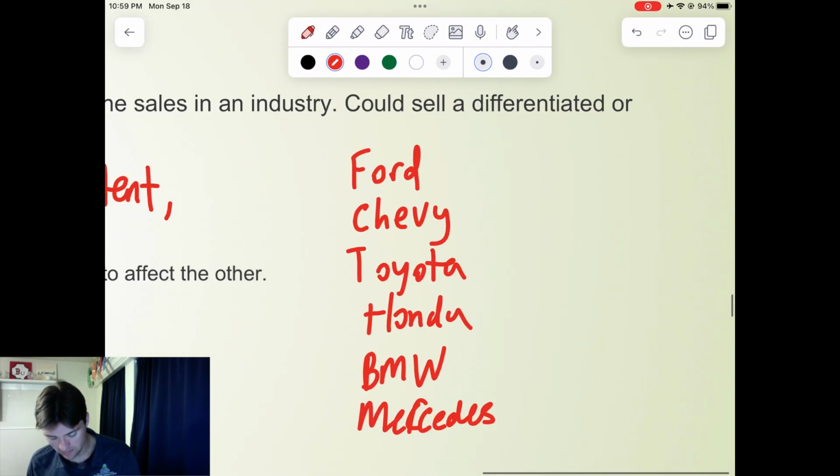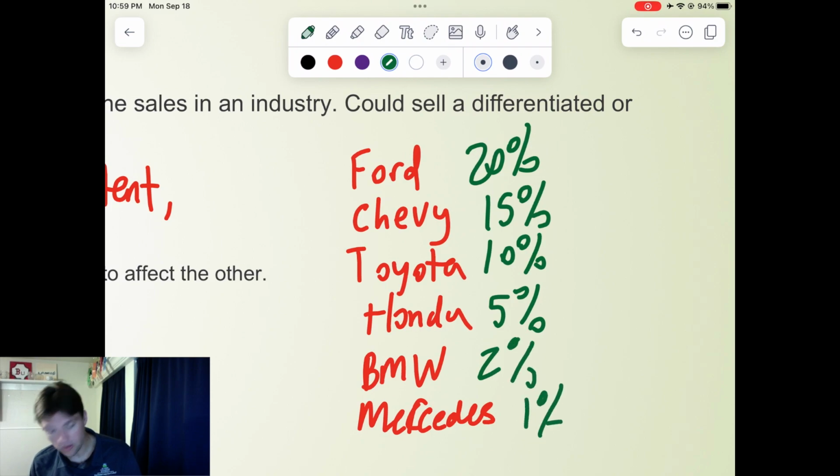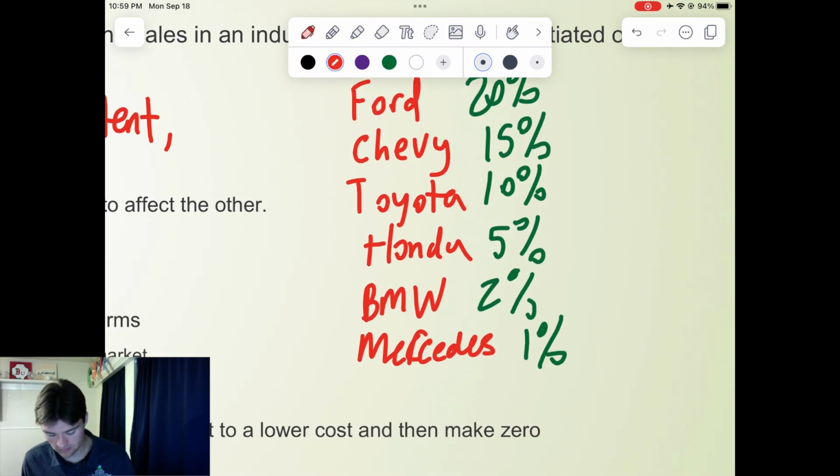And let's say Ford had 20% of the market, Chevy had 15, Toyota had 10, Honda had 5, BMW has 2%, and Mercedes has 1. Since this doesn't add up to 100, we have to assume that there are smaller firms in here as well, the extra ones down here.